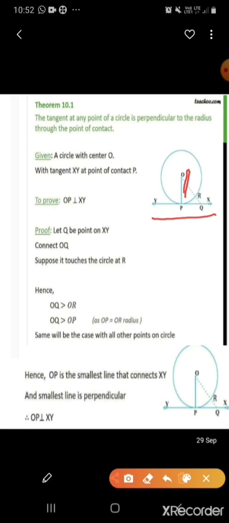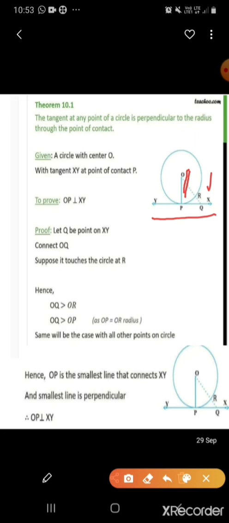What we are going to do now is prove that OP is the shortest distance from the point O to the tangent XY. For that, consider a point Q on XY and join OQ.